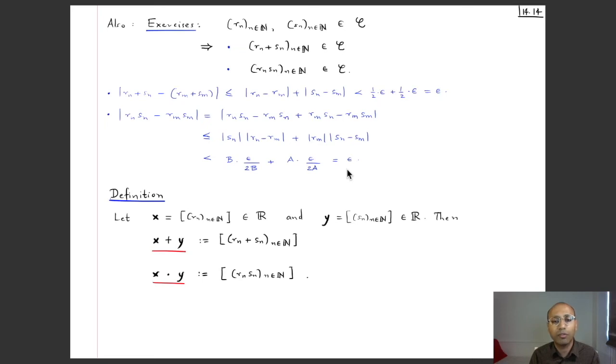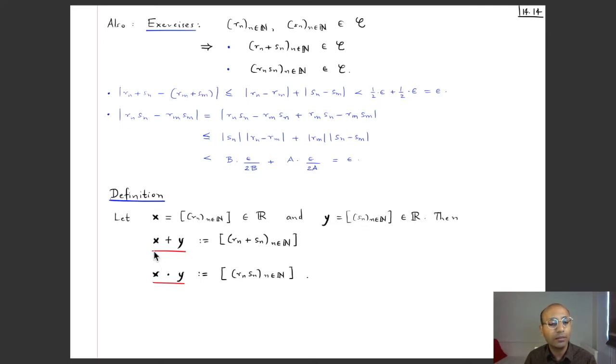So this is just the outline, but in the homework you will have to expand this and write out the argument carefully. Okay, so now we are ready to give the definition of how addition and multiplication of two real numbers is defined. So suppose that you have two real numbers, x and y, and let x be the equivalence class containing a Cauchy sequence in Q, which is Rn, and let y be the equivalence class of a Cauchy sequence in Q, which is this Sn.